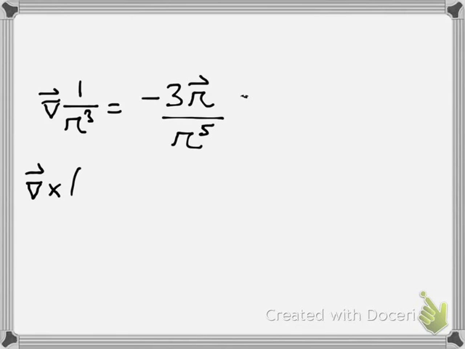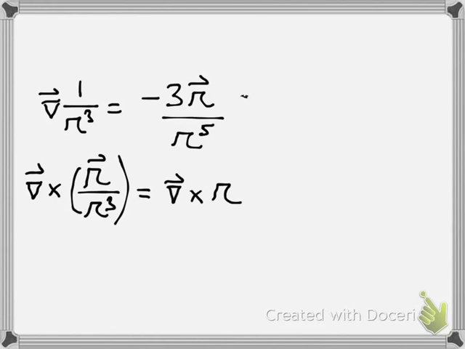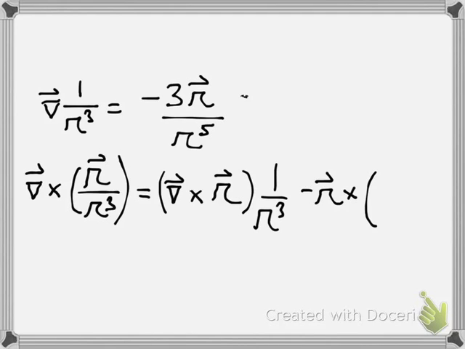And that identity can be written as the curl of the vector script R divided by its magnitude cubed is the curl of script R times 1 over script R cubed minus the vector script R crossed into the gradient, which is minus 3 script R over script R to the 5th.